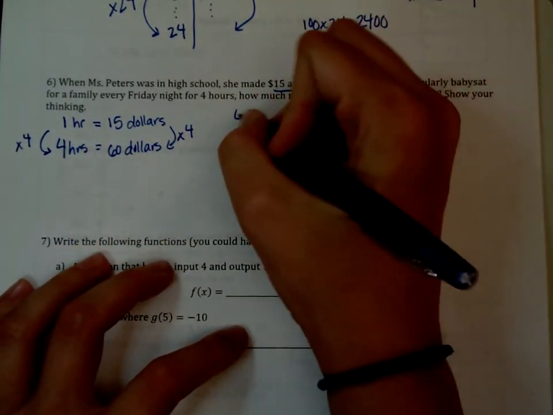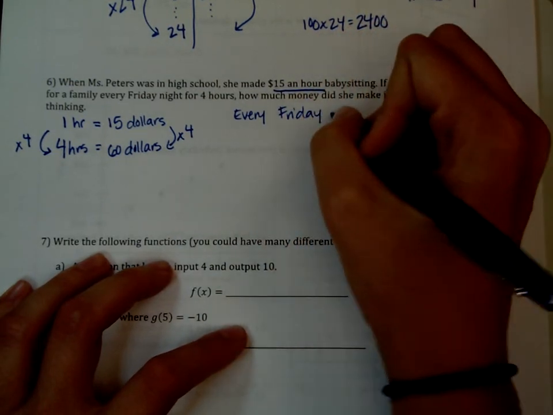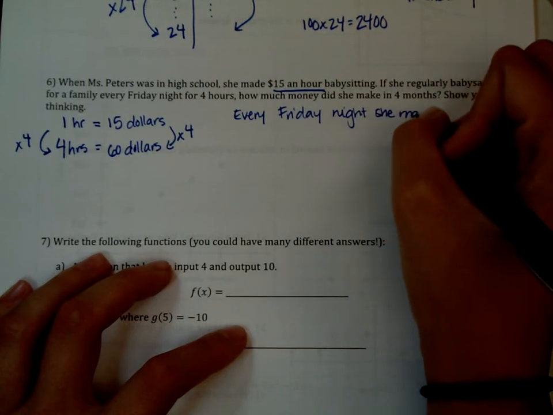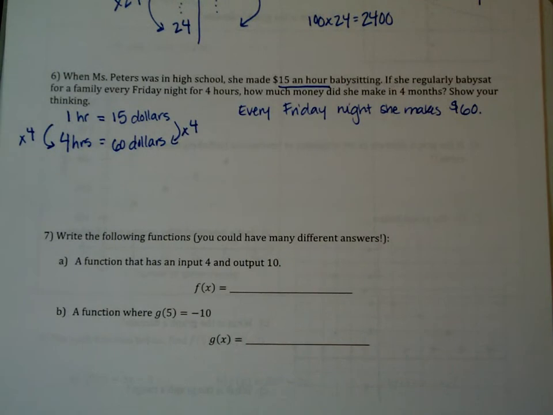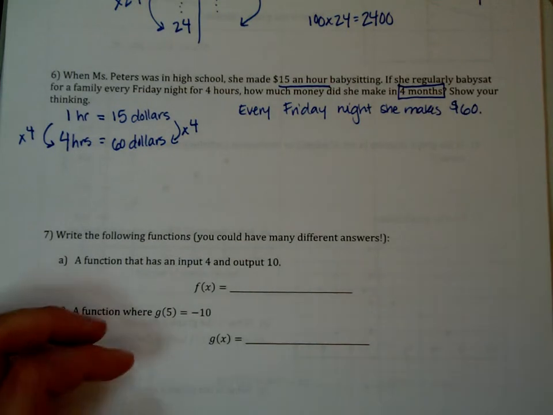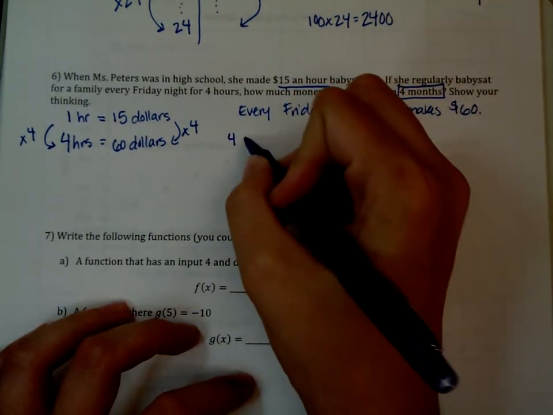So every Friday night, she makes $60. But I want to know how much money in 4 months. So let's see. There are 4 weeks in a month.